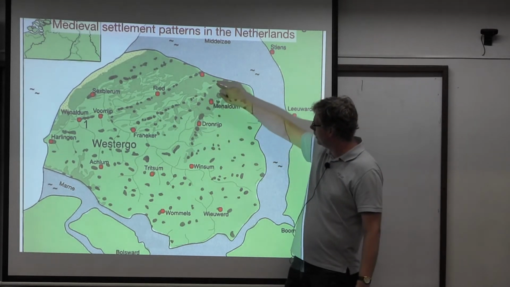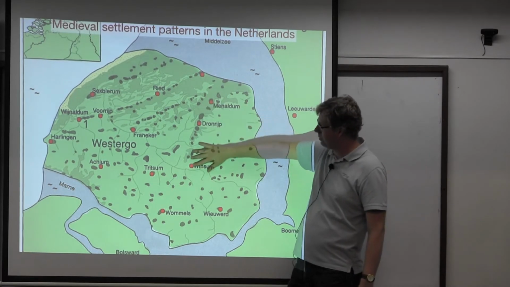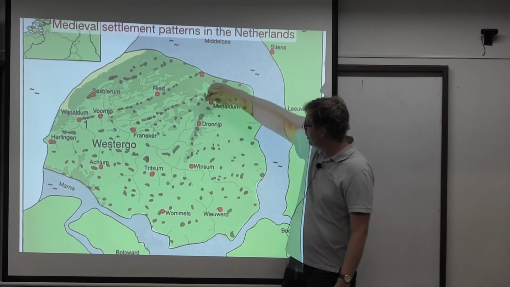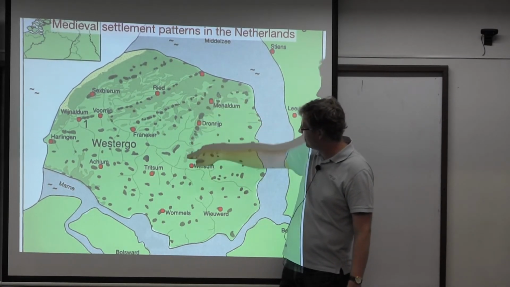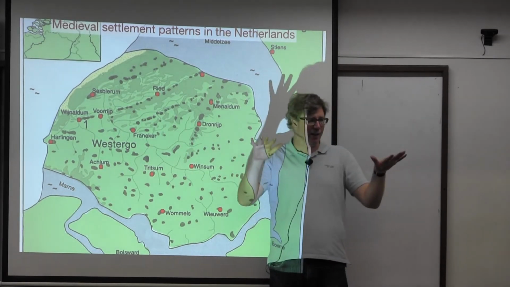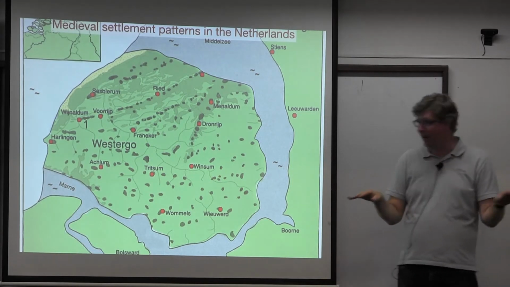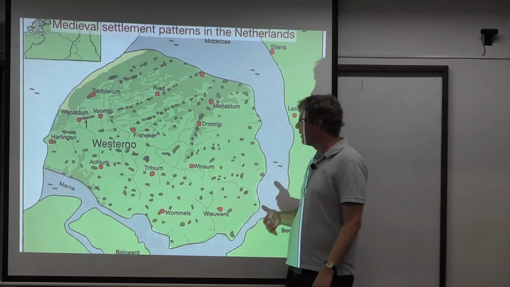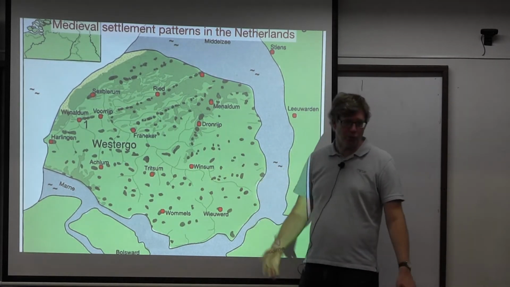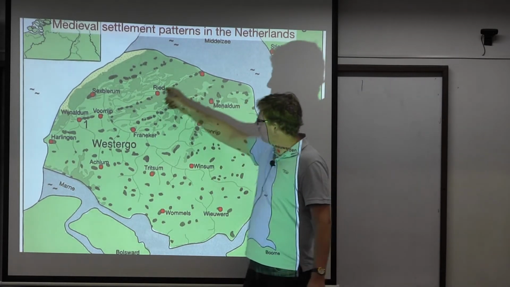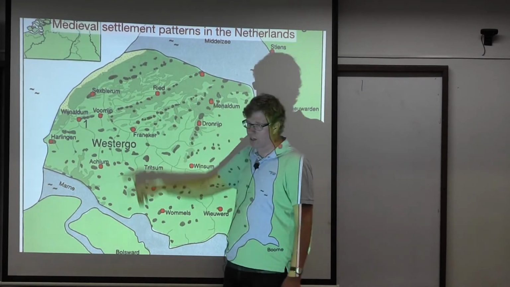Forget these red dots, which are modern towns. They settled along these ridges that were slightly higher, so that when the floodwater came, they didn't get washed away. It was kind of sensible, because the people that didn't settle there did get washed away. And you see all these linear structures.